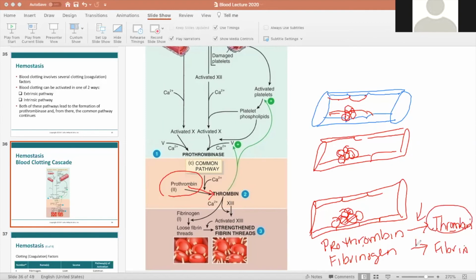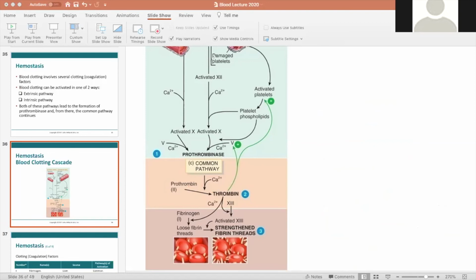So it needs the thrombin in order to convert. All right, so this is important that we understand this. So we have this prothrombin activator, or the prothrombinase, which is going to convert one to the other. So let me go to the drawing board because I feel like I might be confusing you a little bit here. Let me clear all drawings.